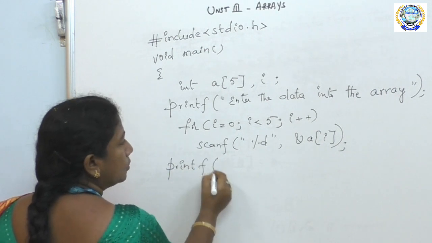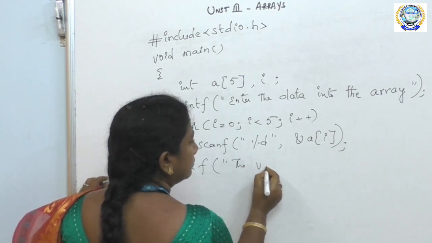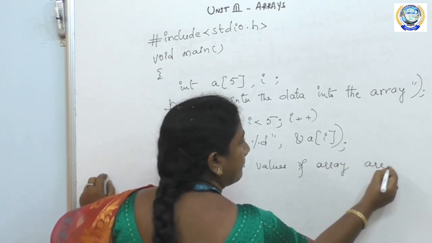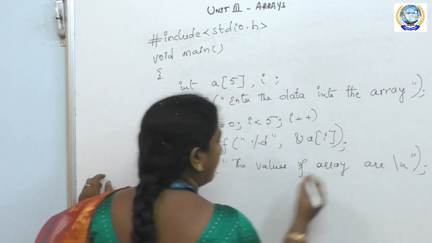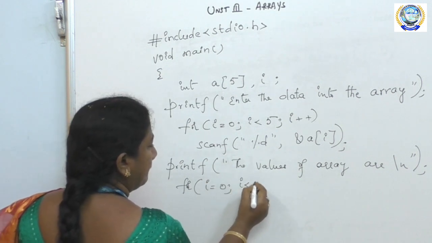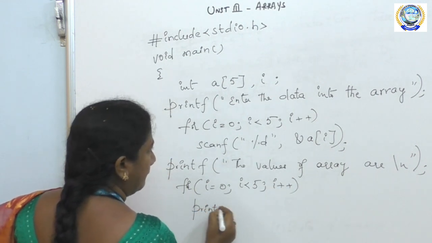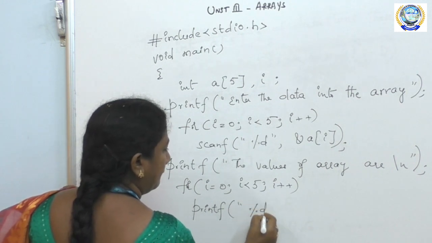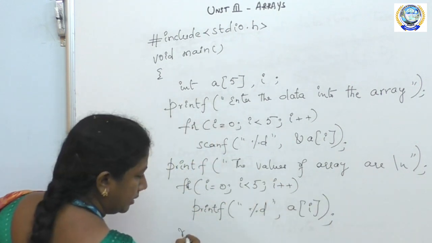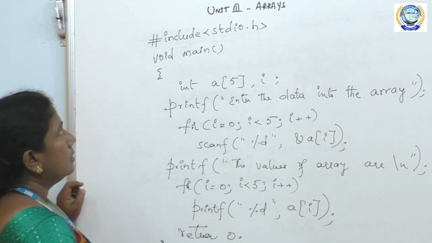Now I'm printing the values, a[i]. Next, return 0.